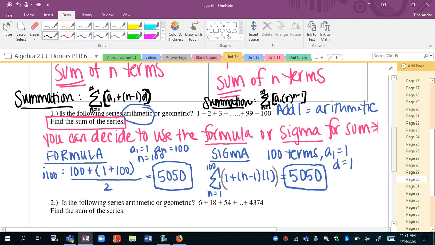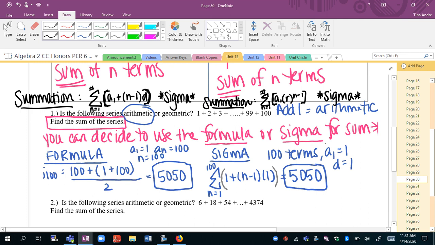If you look at this first problem here, you can decide to use the formula or the sigma. This is the sigma notation. Remember that big symbol there means sigma. So when I say summation or the sigma notation, that's the same thing, for finding the sum.